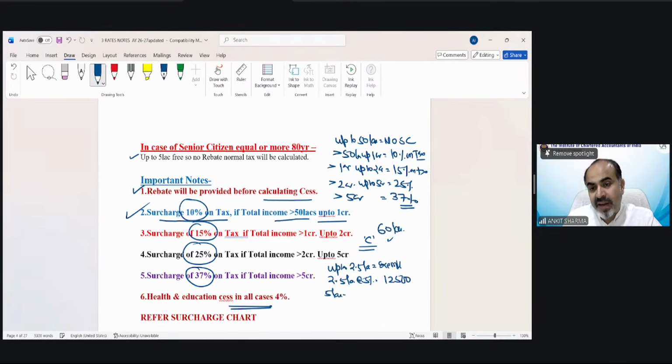Next 5 lakh at the rate of 20%, that means 1 lakh rupees. So this is up to 10 lakh rupees. The balance over 10 lakh rupees, out of the 60 lakh rupees, 10 lakh treatment has been done. The balance would be 50 lakh, which is going to be taxed at the rate of 30%. That would be 15 lakh.